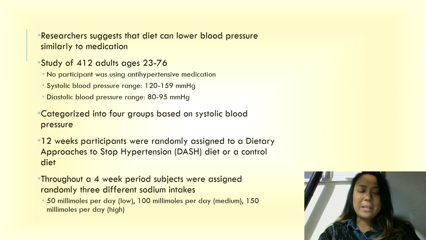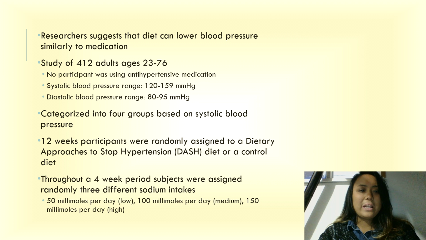In this experiment, researchers test whether diet can lower blood pressures similarly to medication. The study included 412 adults around the ages of 23 to 76 years old. The participants were not allowed to use any anti-hypertensive medication during the experiment.